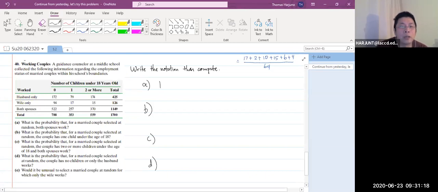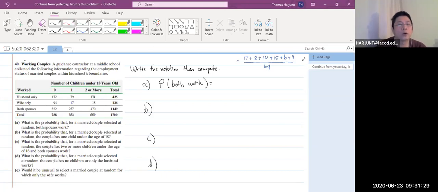So the probability that both work is this, right?